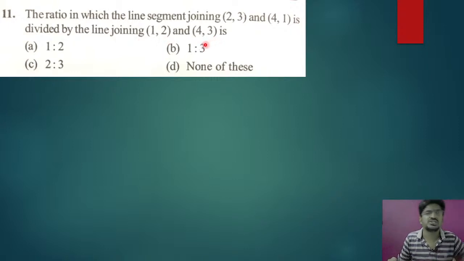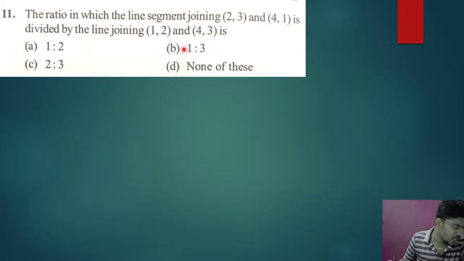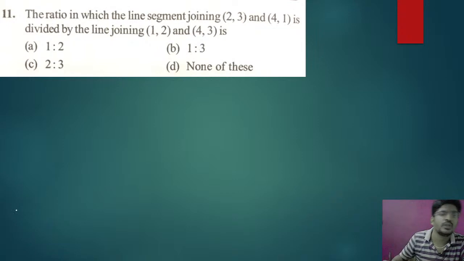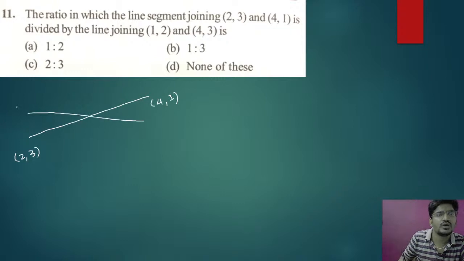So that means there are two lines which are intersecting each other, and they are asking the ratio in which they are intersecting. So first you understand the problem. See, there are two lines. One is joining 2, 3 to 4, 1, and another line is from 1, 2 to 4, 3.